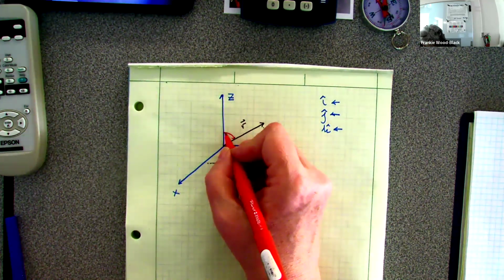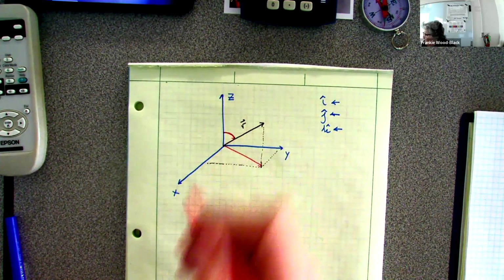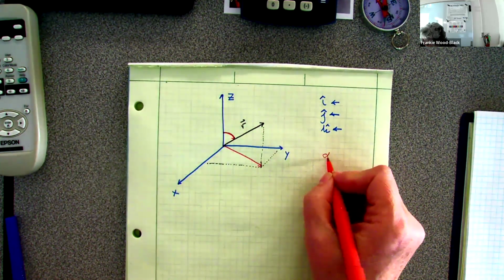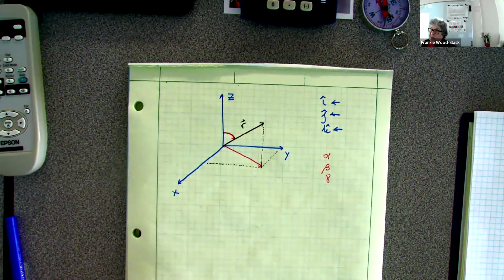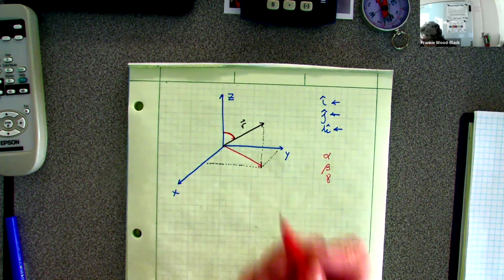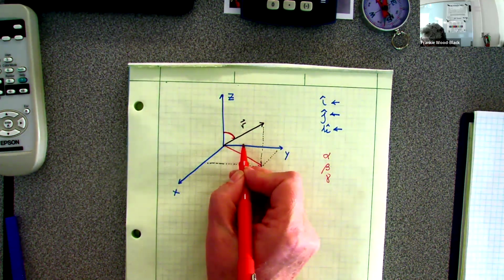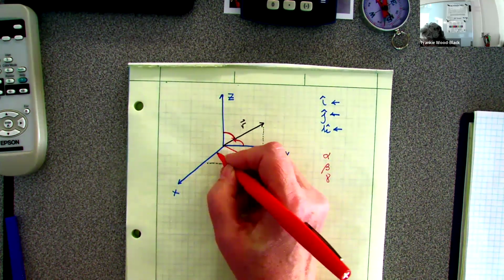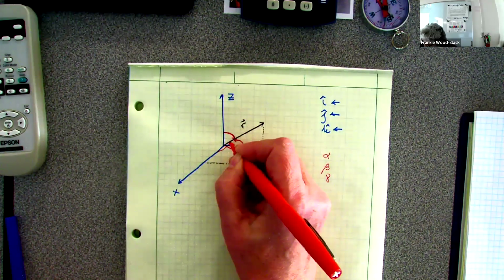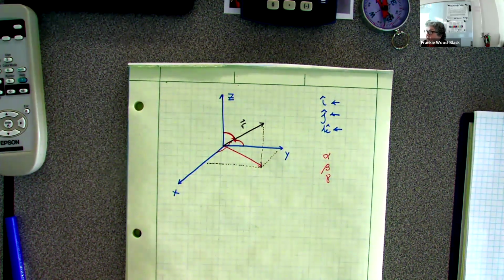So you get this angle here, and you'll see these as alpha, beta, and gamma angles. Or you'll see them as theta X, theta Y, theta Z. But you're looking at the angles from the individual axes to that vector.